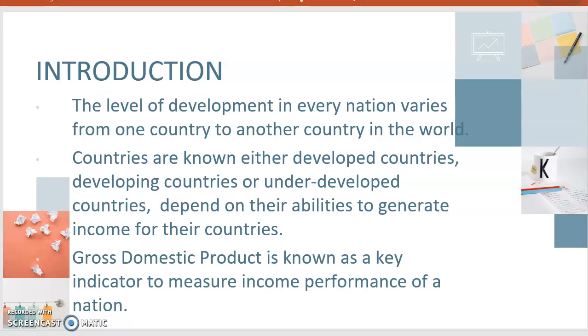Some countries are categorized as developed countries, some as developing, and others as underdeveloped countries. All the categories depend on their abilities to generate income for their countries.